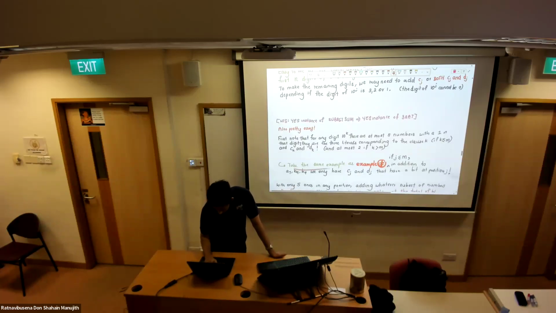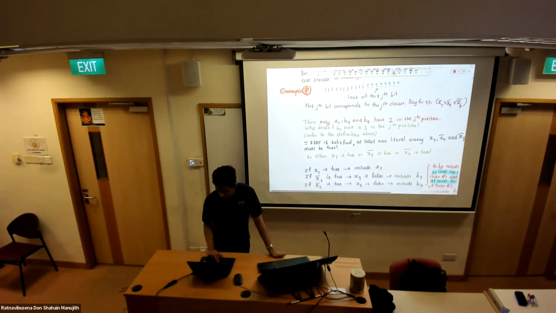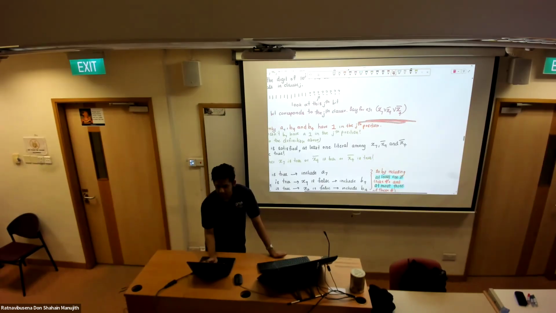So take the same example as here. If you consider clause j, corresponding to the j position, only A7 has a 1 in that position, B9 has a 1 in that position, and also B4 has a 1 in that position. We already did that here.